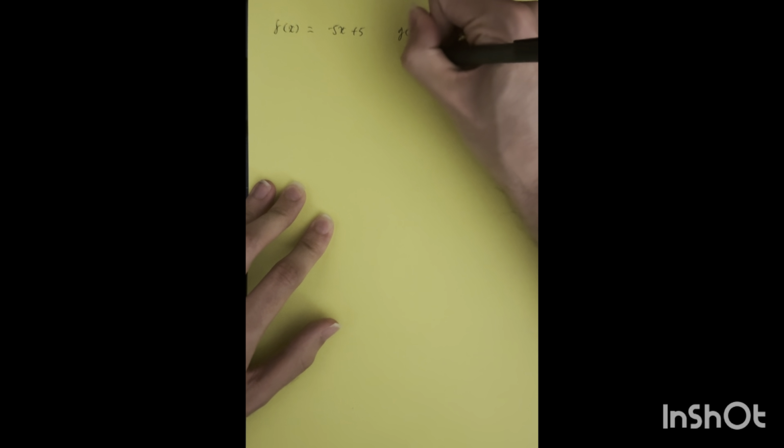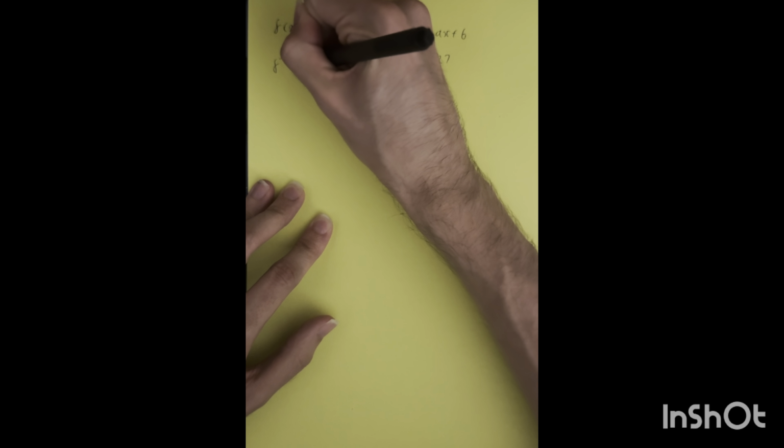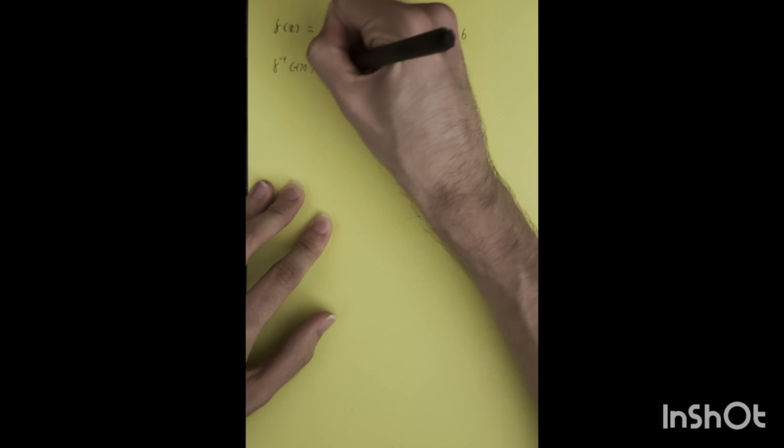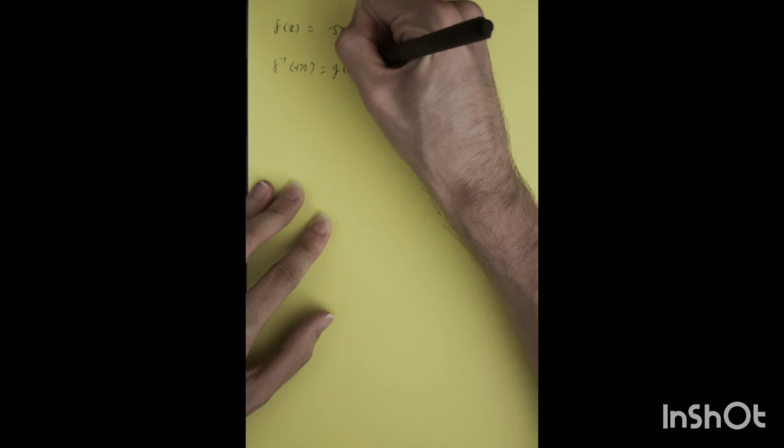And then we've got g of 5 equals 27 and f minus 1 of minus 170 equals g of 6. We want to find the value of a and b. This does look quite tricky.